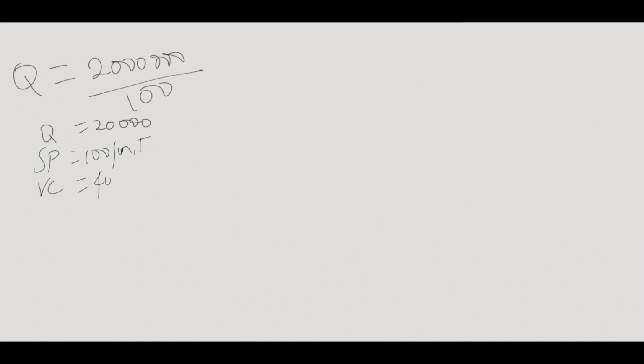So to get the quantity, we have 2 million divided by 100, which will give us 20,000. So the quantity sold is 20,000 units. So Q equals 20,000. The selling price given in the question is 100 naira per unit. The variable cost is 40 naira per unit. The fixed cost is given as 400,000 naira.